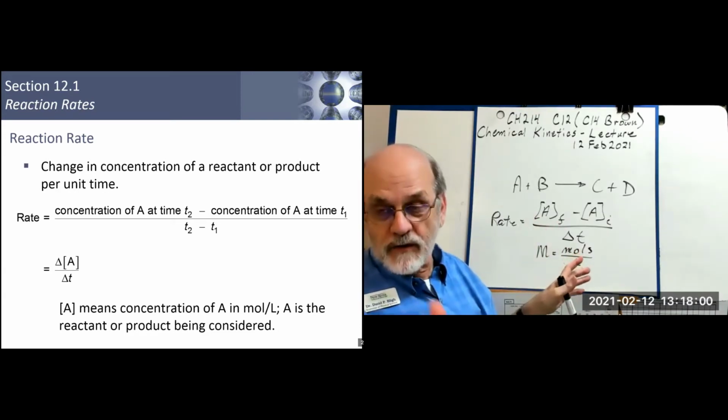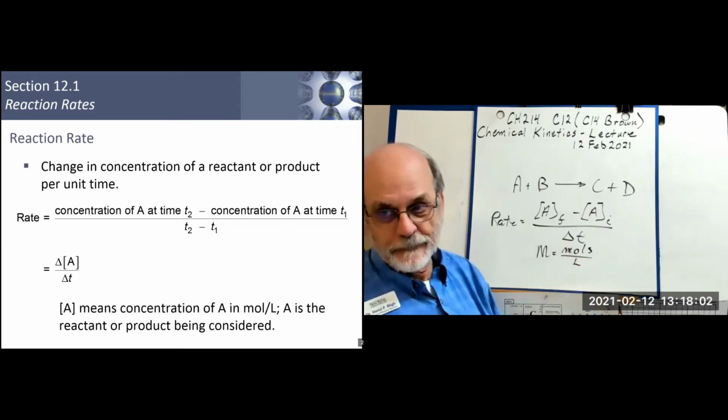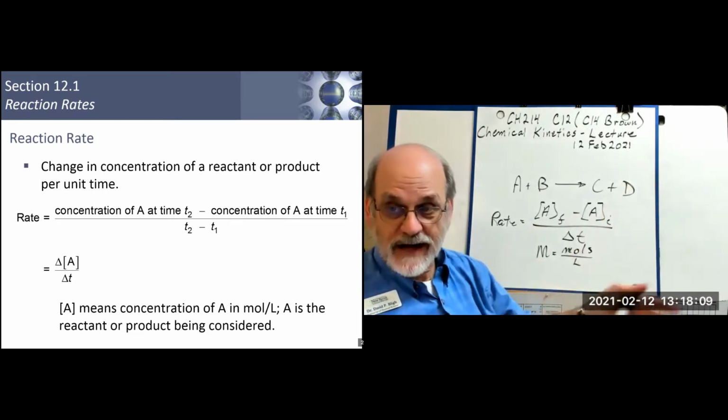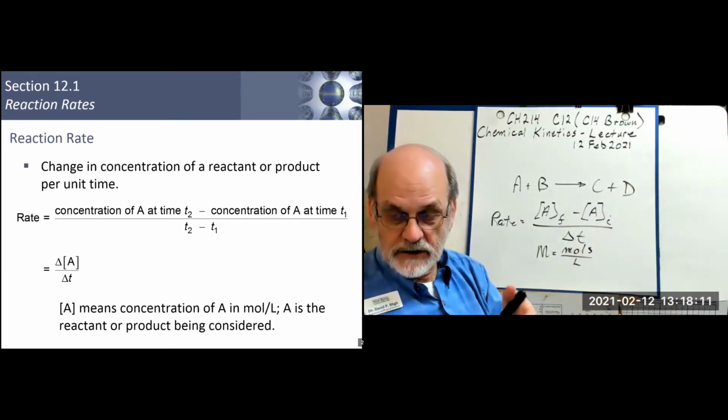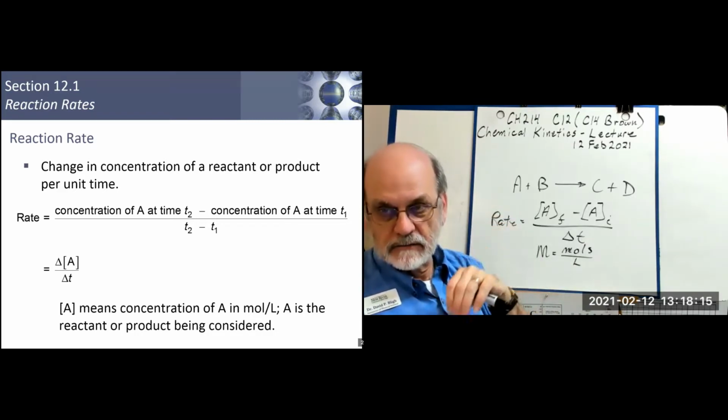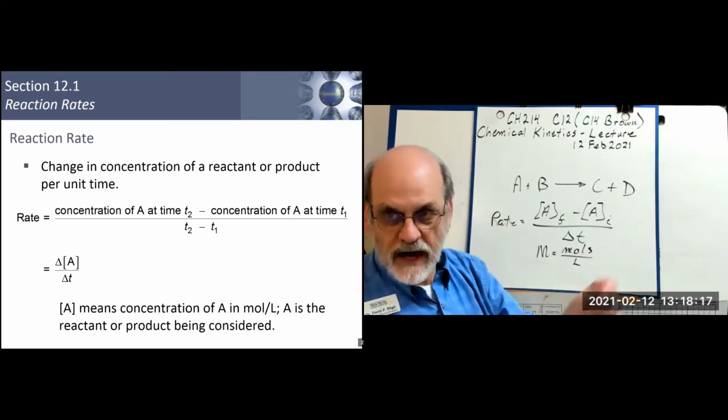Then you can follow the reaction even if it's really fast. And that's how some reactions are studied now that weren't studied in the past, because now you can determine the concentrations non-destructively. And you can watch it over time very fast.